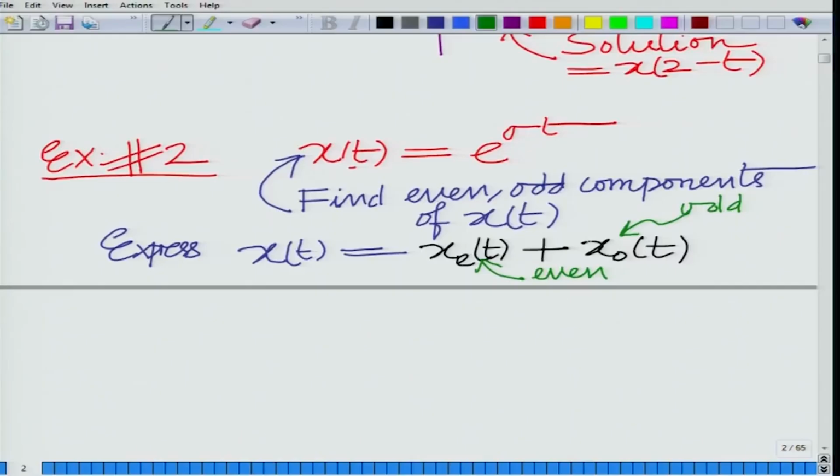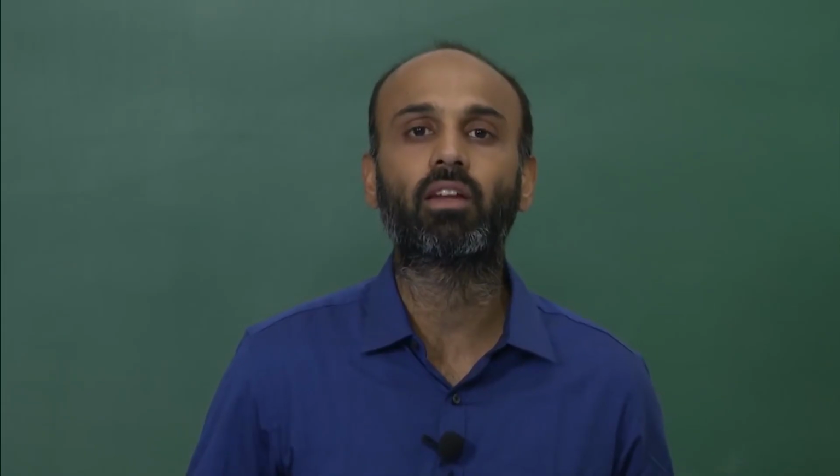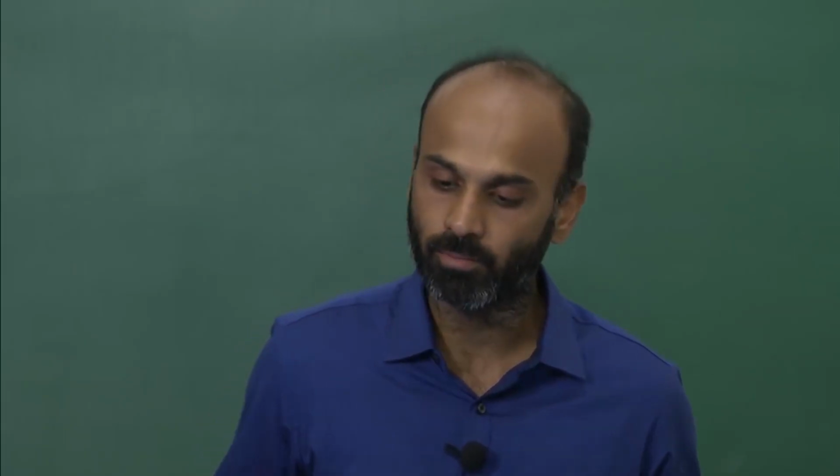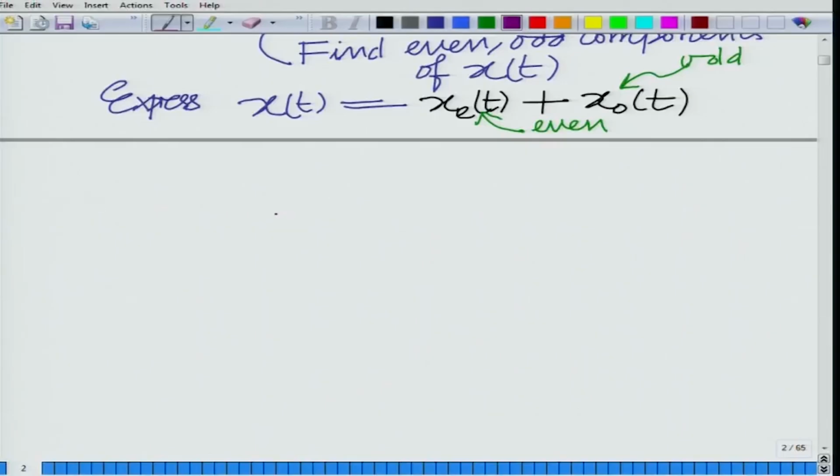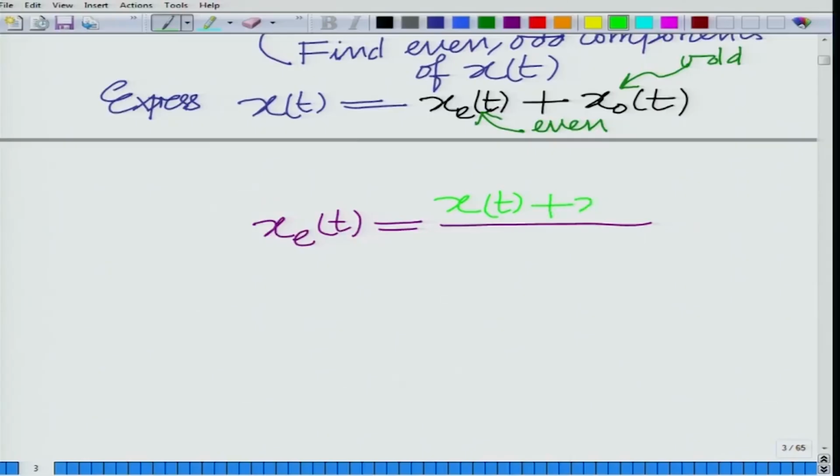This can be found as follows using a simple trick. One can use the simple trick to find the even and odd components of the signal x of t. The even component of x of t, x e of t, can be obtained as x of t plus x of minus t divided by 2.